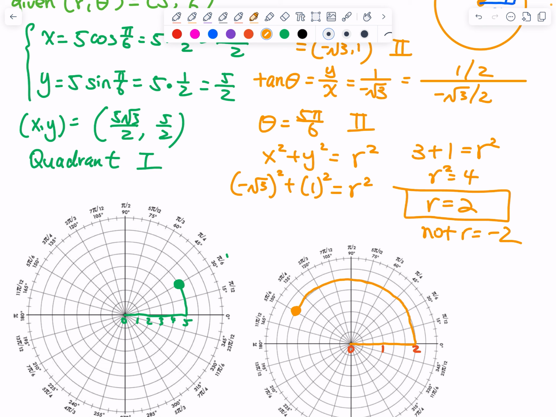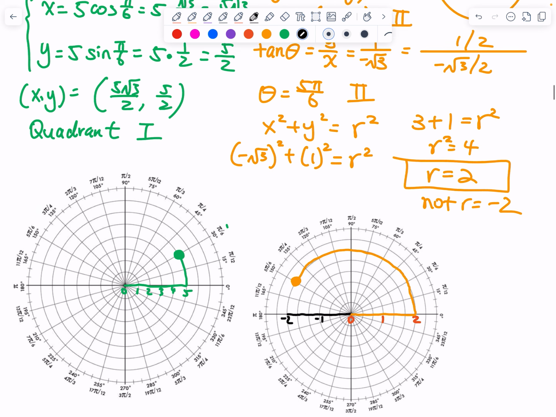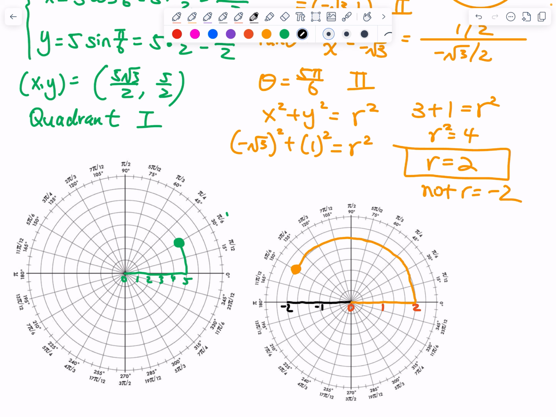What about negative 2? The angle cannot be changed. If you do negative 2, that will be negative 1, 2, 3 steps, negative 2. And if you go to 5 pi over 6, you have to go counterclockwise this way: 1 pi over 6, 2 pi over 6, 3 pi over 6, 5 pi over 6.